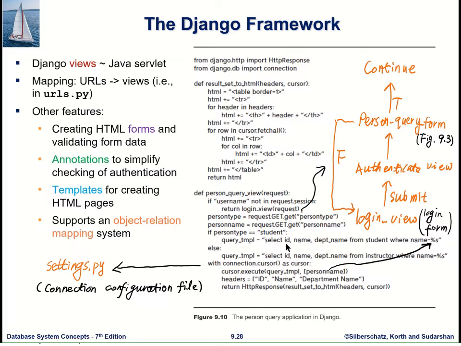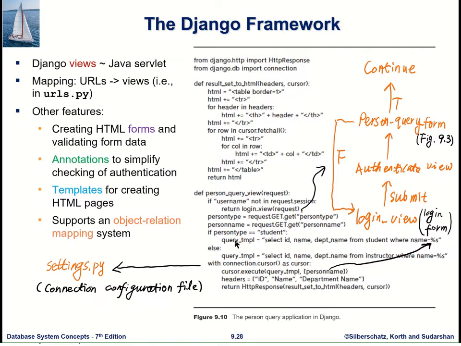That means we haven't input everything yet, but some parts are already fixed, so we can write them out: select ID, name, department name from the student, because this is related to student. Where the name is equal to a string, we put this as an argument, and later we populate the argument when we perform the query.